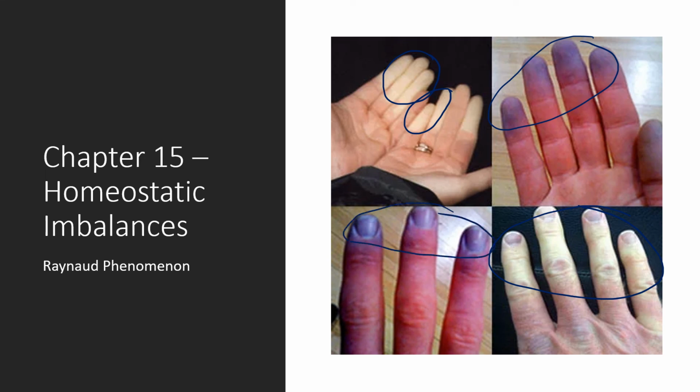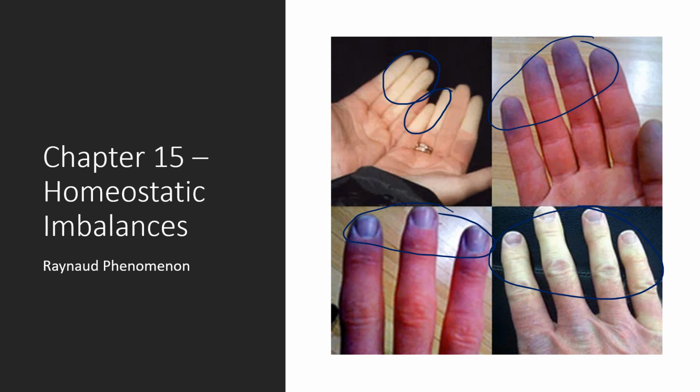The ends of those digits look blue, and this is due to a lack of oxygen in those areas, so it's kind of a buildup of deoxygenated blood. Now, in really severe cases, the digits can actually die because they don't have any oxygen. No oxygen, no nutrients, because of that lack of blood flow.